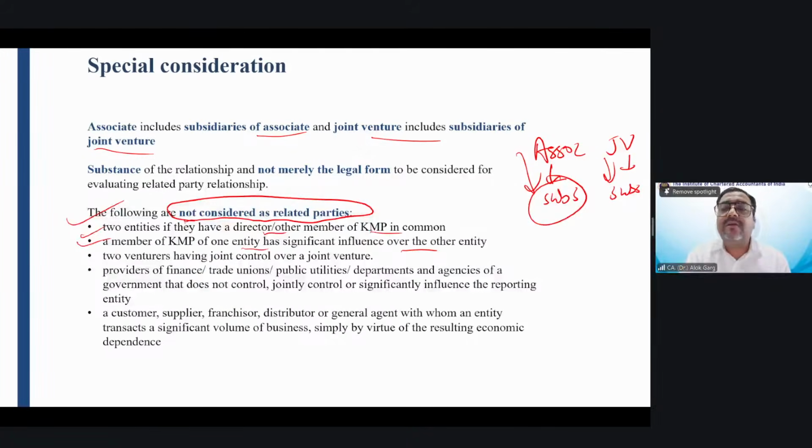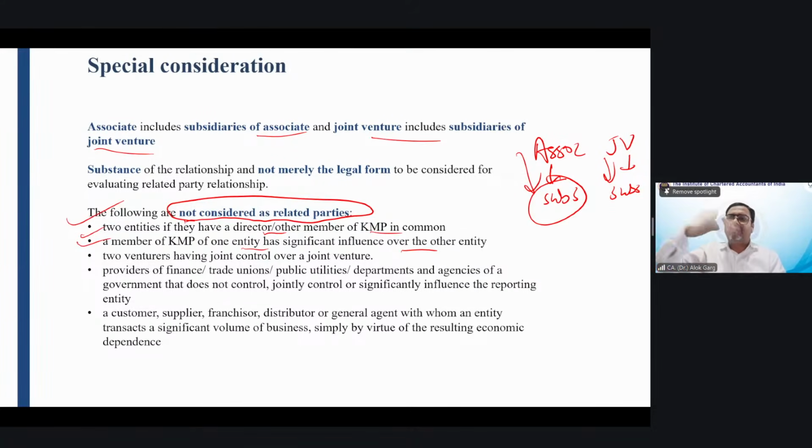Person A has joint control or control over A Limited, and person A is a KMP in B Limited. Then A and B are related parties. But if person A has significant influence over A Limited and is a KMP in B Limited, then it will not be a related party. Okay, right? Then these two entities will not be related parties.